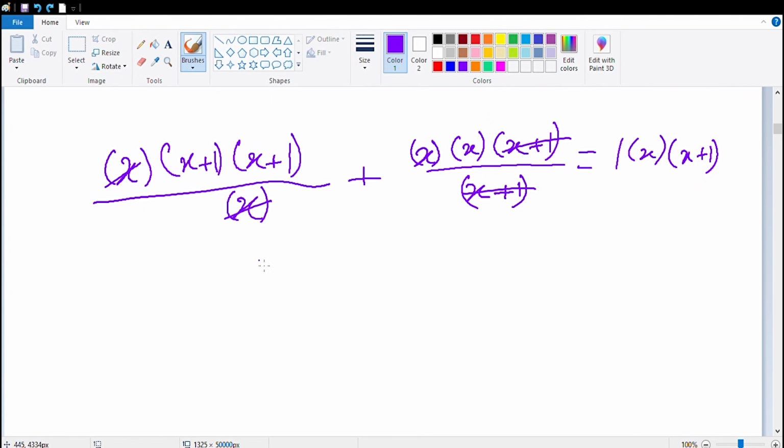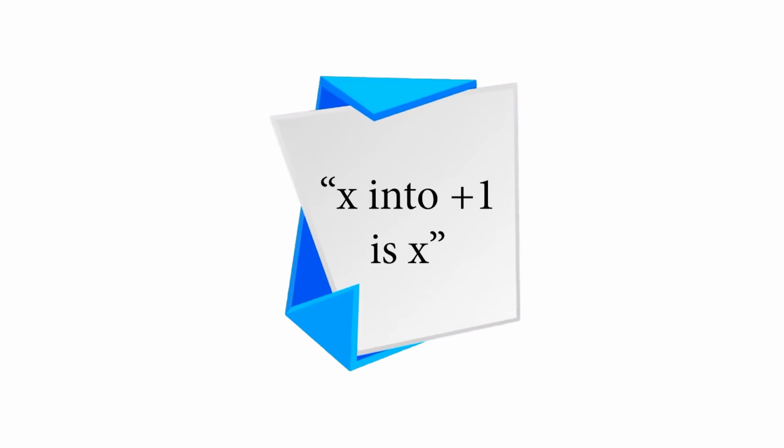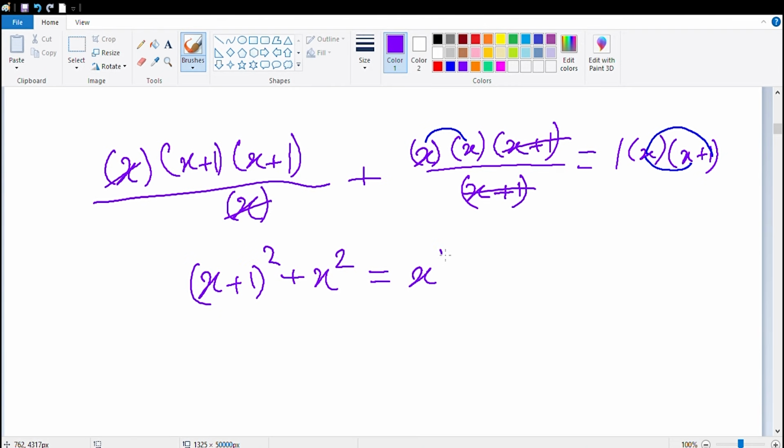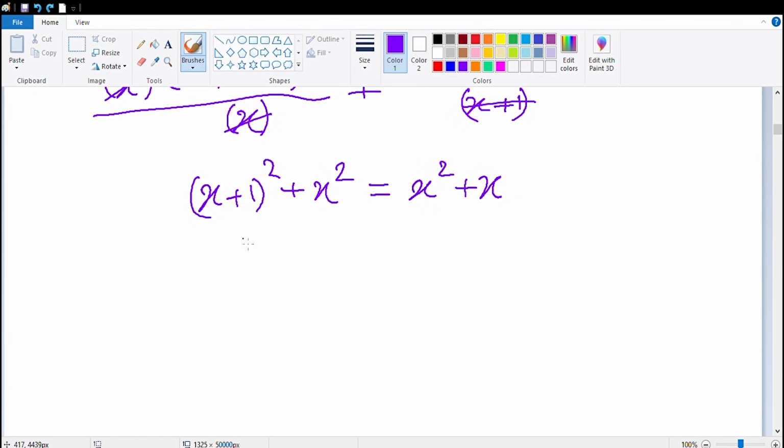Here we get x plus 1 whole squared, plus x into x is x squared, is equal to x into x plus 1, which is x squared plus x. Opening this up, we're going to get x squared plus 2x plus 1 plus x squared is equal to x squared plus x.